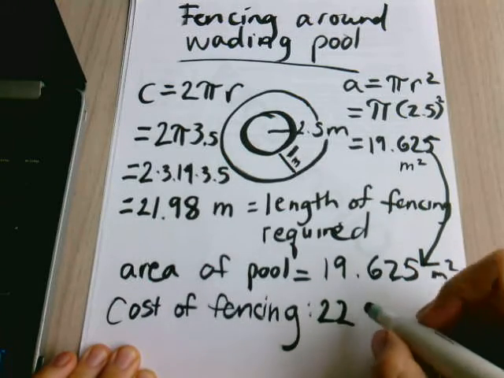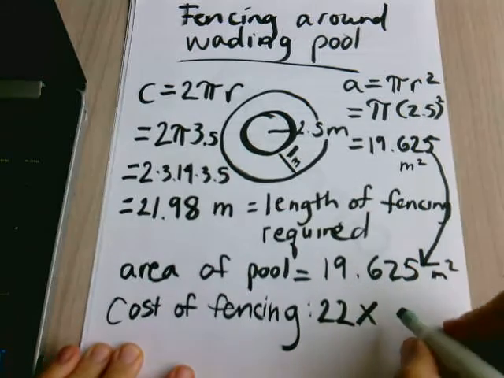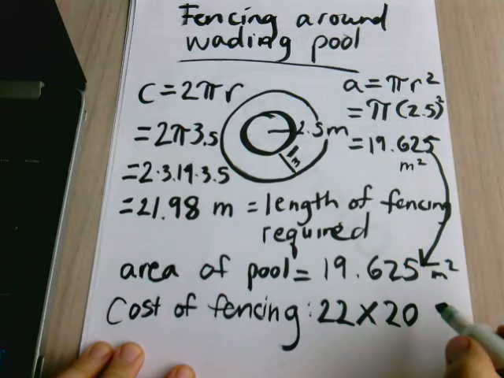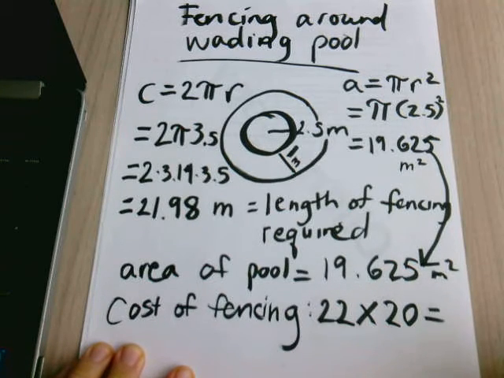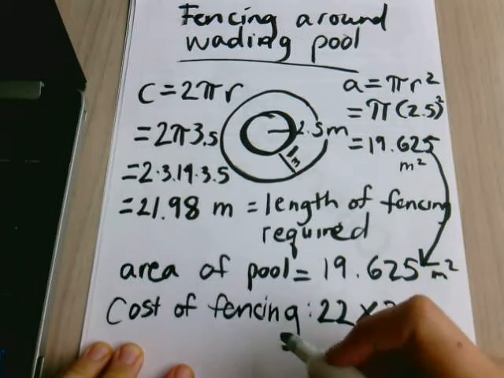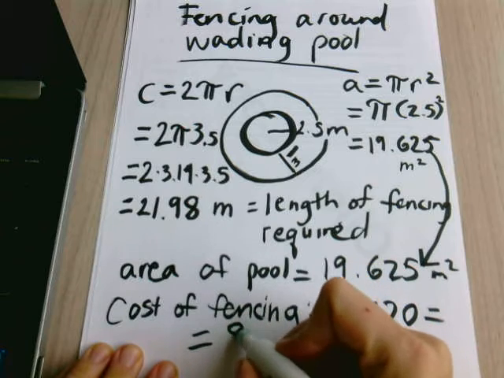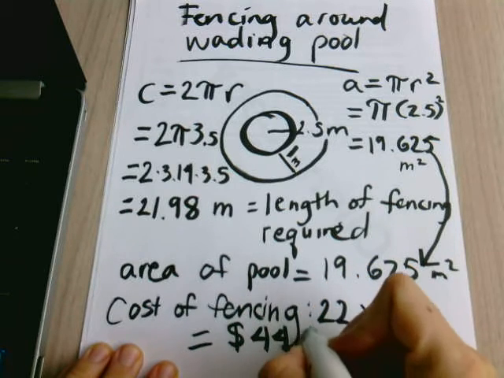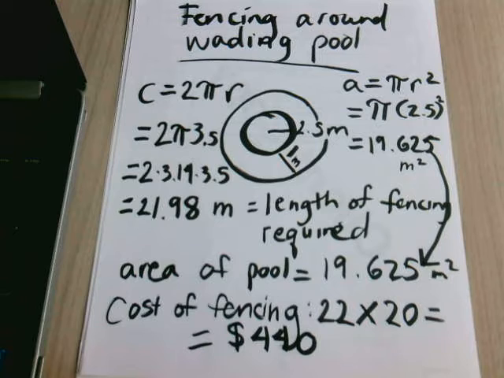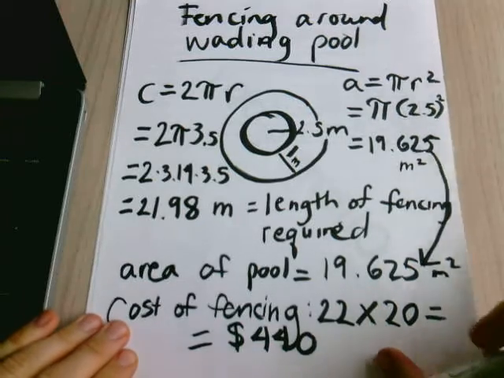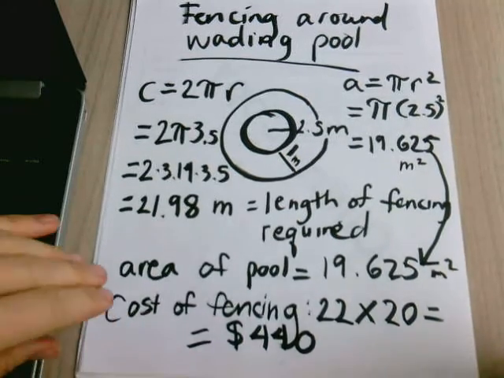So that's 22 times 20, because it's $20 a meter. And that's going to give us, take a minute to solve that. And if you got $440, then you're right. Okay, so that's the first part of the problem, fencing around the wading pool.